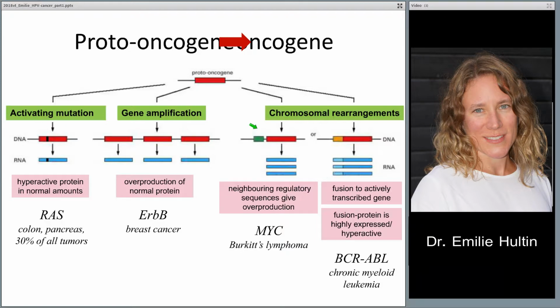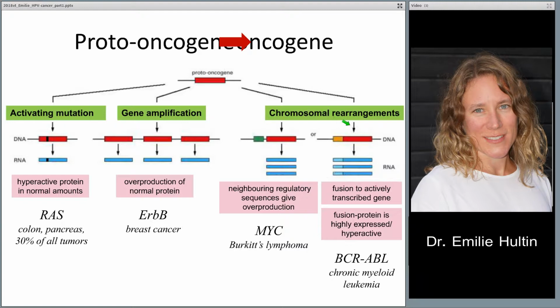This is like a regulatory sequence, and it will lead to an overproduction of the proto-oncogene. So here we also have a normal protein, however, in higher amounts than normal. And this is quite common in Burkitt's lymphoma, where this MYC protein is overproduced.